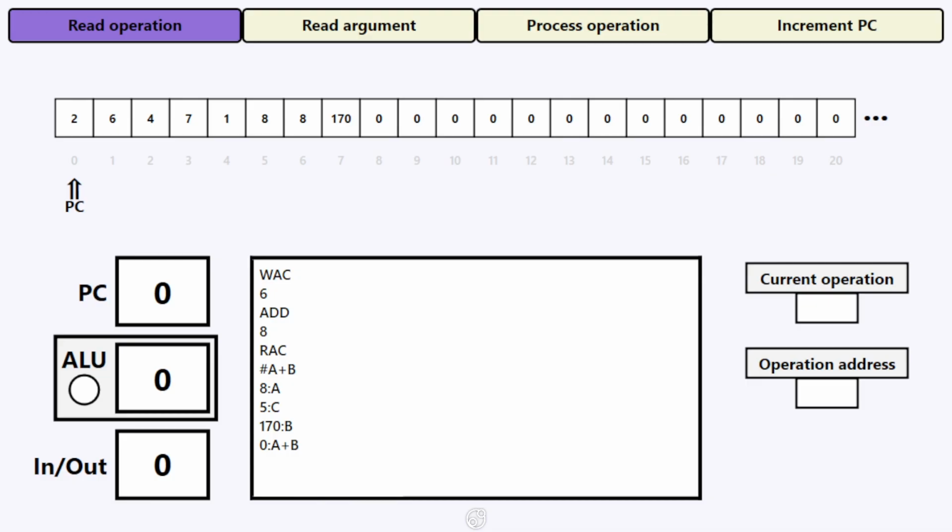And A plus B is in address 9. And now that that's taken care of, we can remove these names as well. Don't need them anymore. And finally, to clean everything up, we can convert these operations back into their respective numbers. And now we have just a list of numbers again, which we can execute as code.